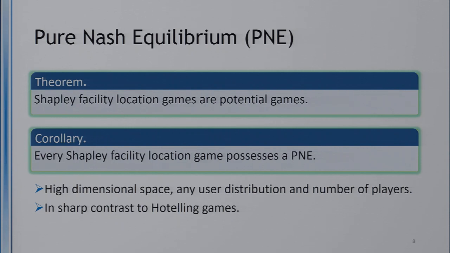And this refers to the model in its full generality, right? High dimensional space, any number of users, any satisfaction function, and any density over that space. And also, this is in sharp contrast to Hotelling games, where even for the restricted case of the unit interval, uniform distribution, and 3 players, it is known to have no pure Nash equilibrium.